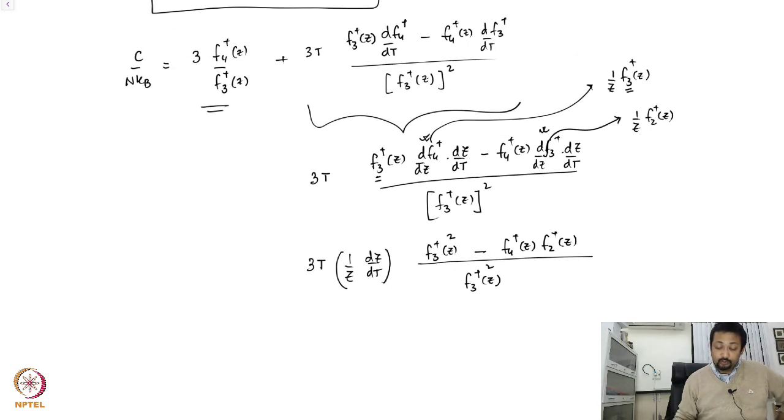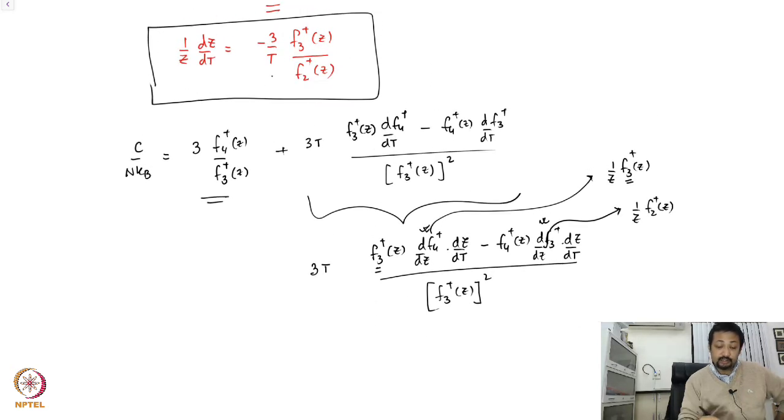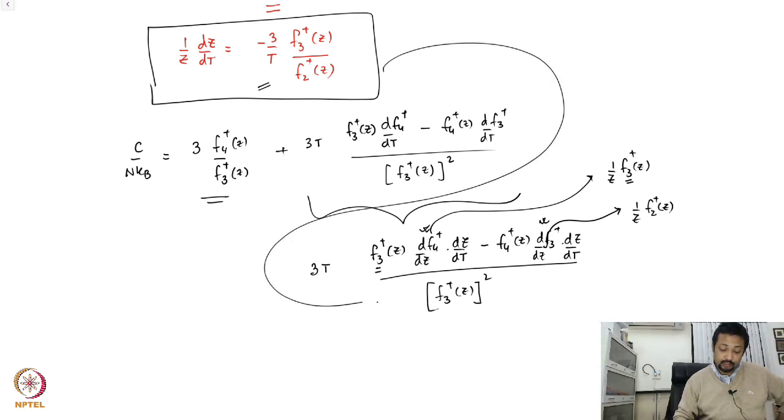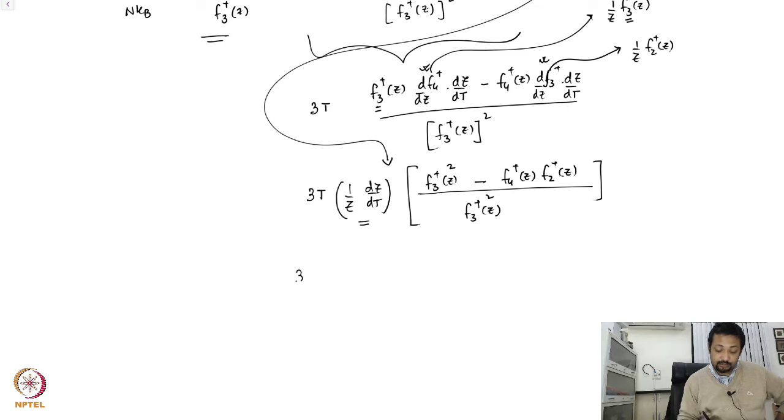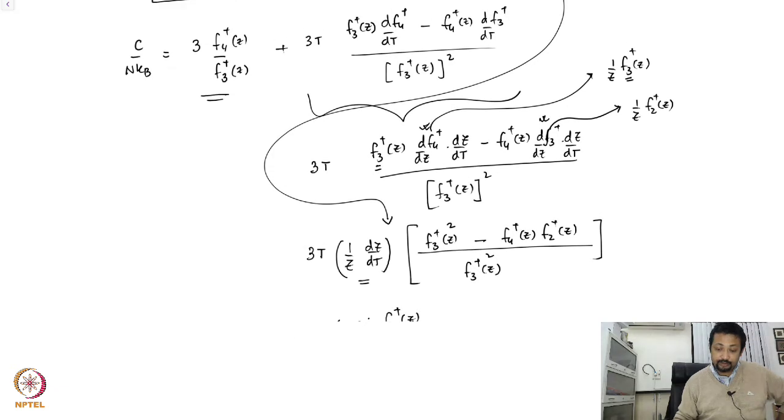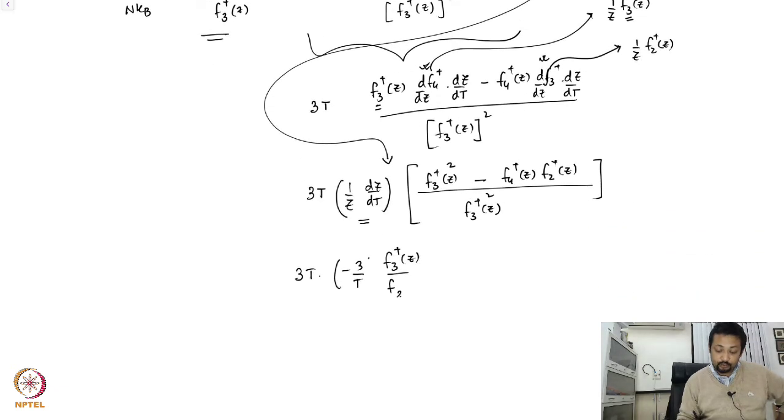This also I know. I just calculated 1 by z dz dt, and the answer is this. So I take this and substitute over here to give me 3 times t minus 3 by t f3 plus of z divided by f2 plus of z.